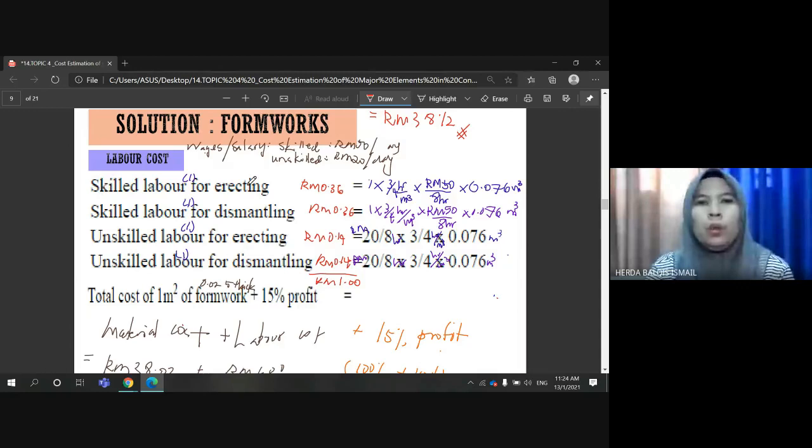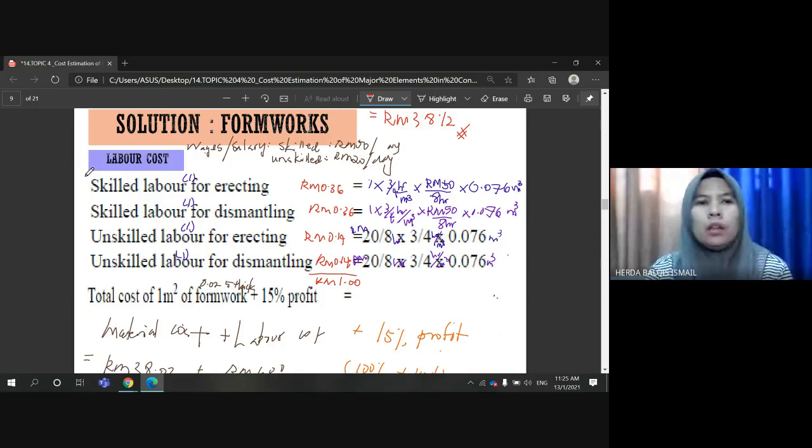If we refer to the table, for the formwork of slab, it requires one skilled labor and one unskilled labor.